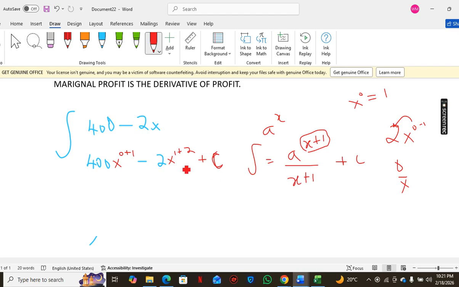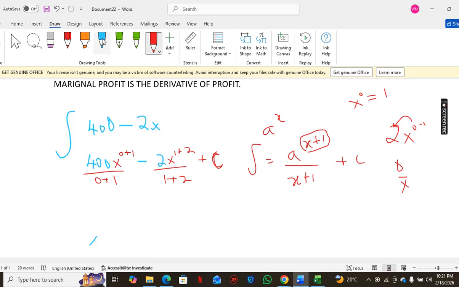So this will be over 0 plus 1 over 1 plus 2. As you can see with integration, after you add the 1 to the exponent, you do the same thing at the denominator. So 0 plus 1, that is 1.